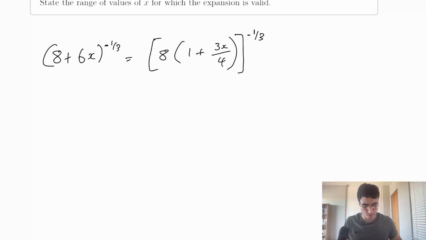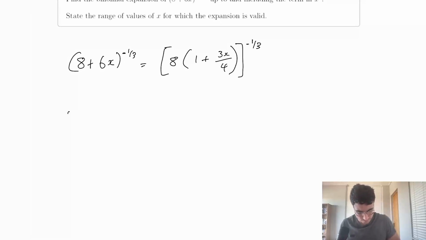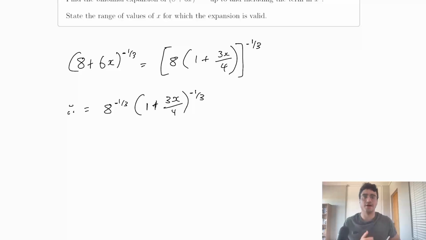What does that mean? Well, therefore, what we get is 8 to the power negative a third times 1 plus 3x over 4 to the power negative a third. Fantastic. So now what we have here is a constant, and meanwhile over here we have a very clear expansion that can occur because we've got the 1 here.